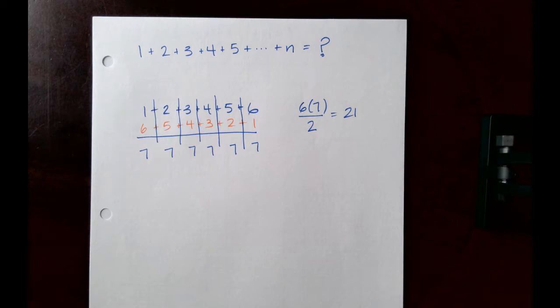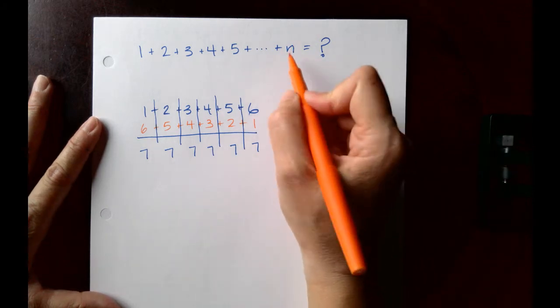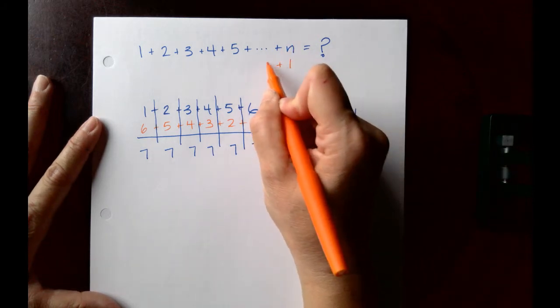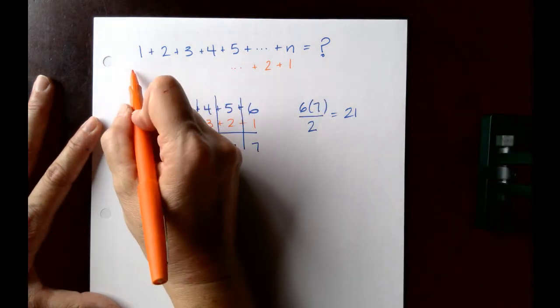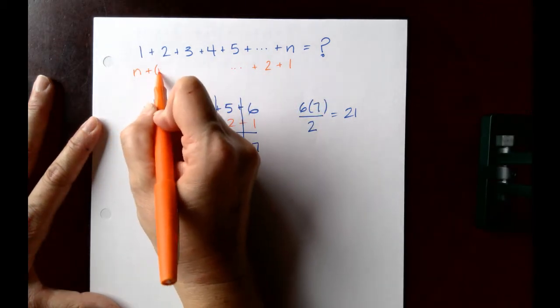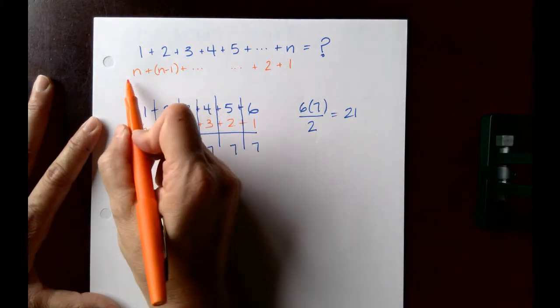Well, let's go back to that. And in that case, when we write this list backward, we'd have 1. This would be 2. We'll keep going backward. Way over here will be n. This will be n minus 1. And I know it looks a little bit strange with all of the algebra.